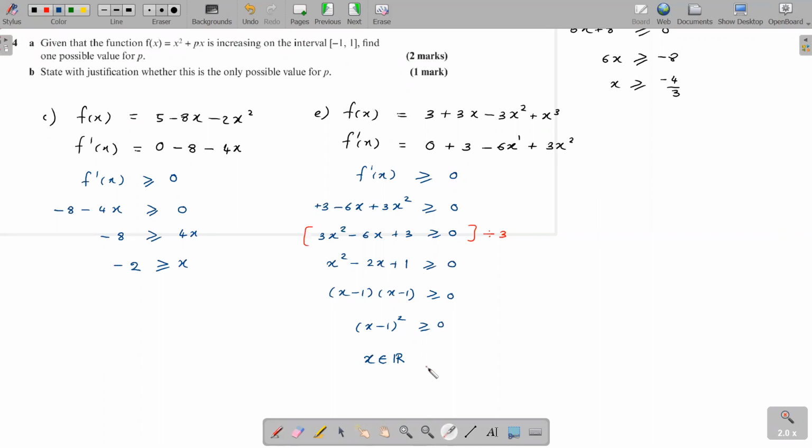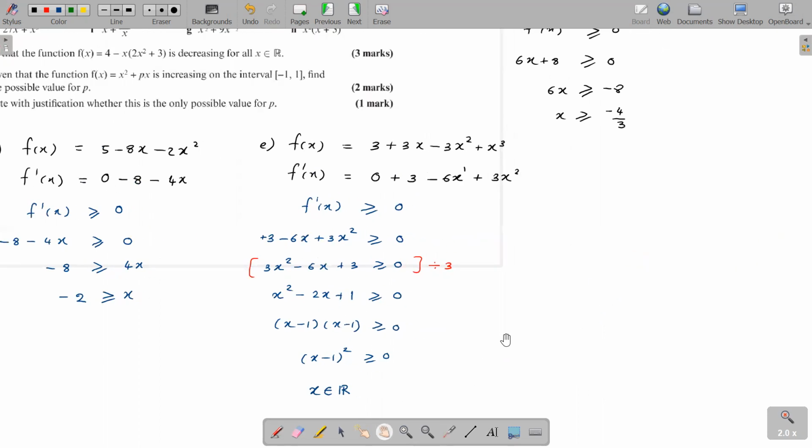The graph is just going up. This is a cubic graph, so it will probably go like this. I'm just showing the shape. It's going to be increasing forever. It's not going to make a turn or anything like that. For every single x value, your function is increasing. That came because we got a square of the whole function.